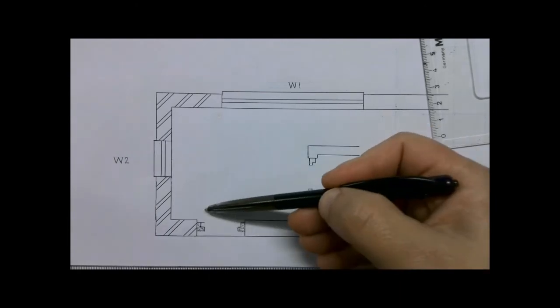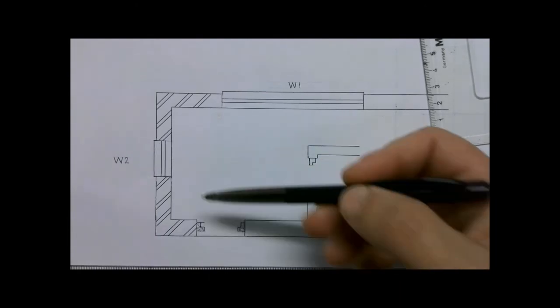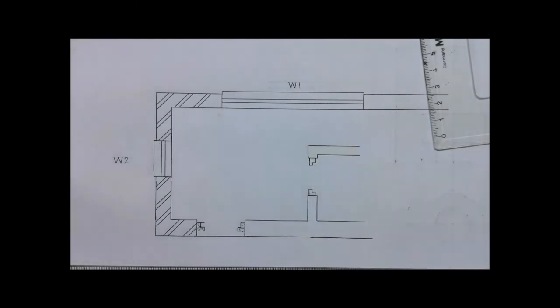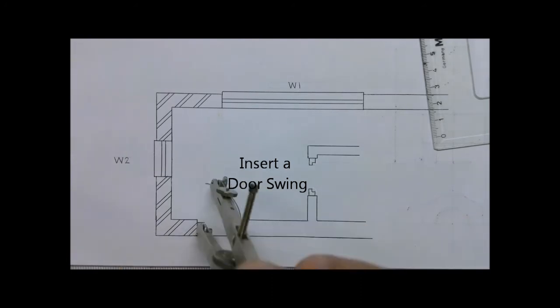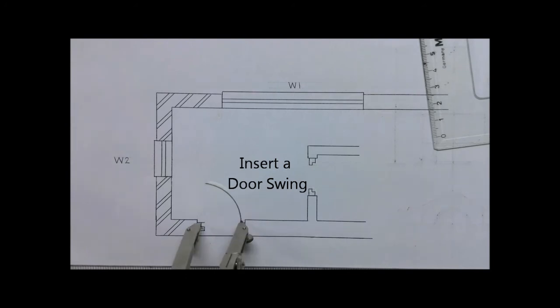Once I've constructed these lines vertically up, I'll take my compass. Right. Remember that it's going to be the door width. You're going to open up your compass to the door width, and you're going to provide a nice door swing.